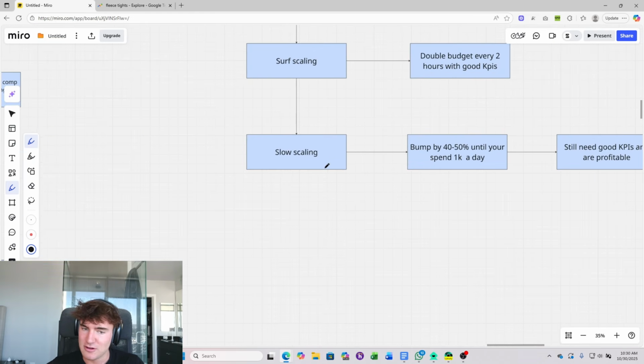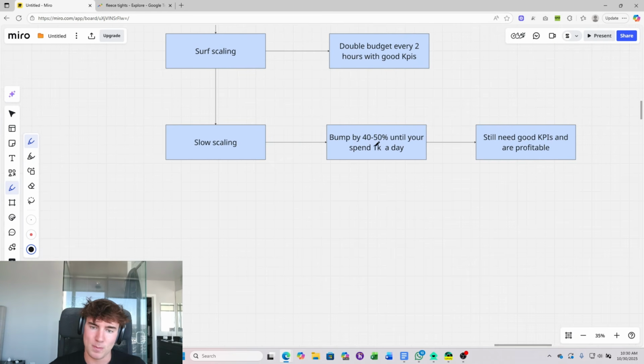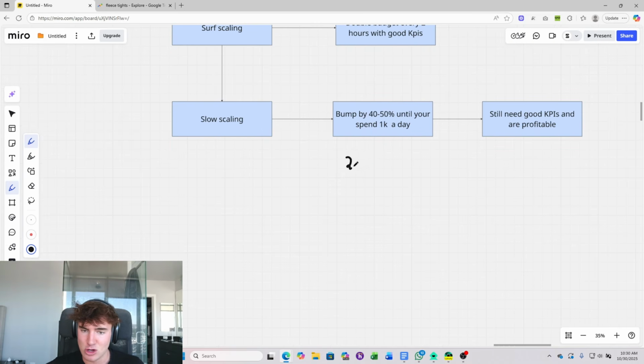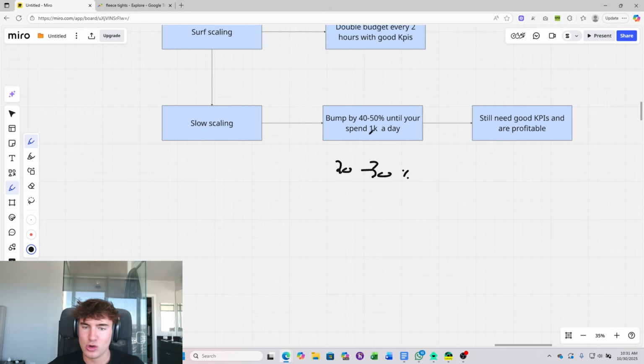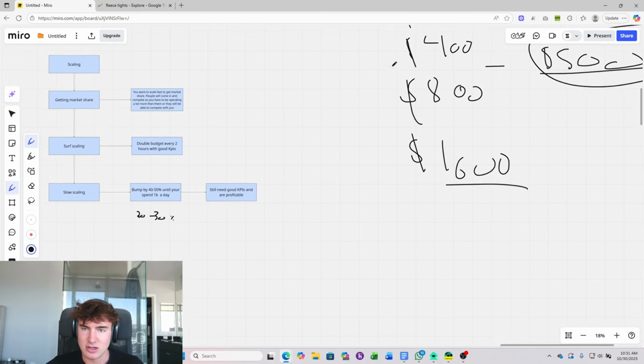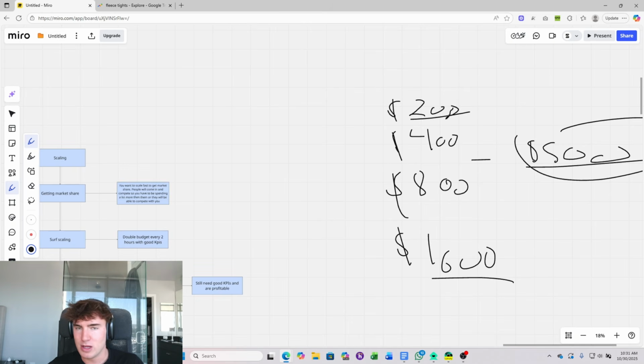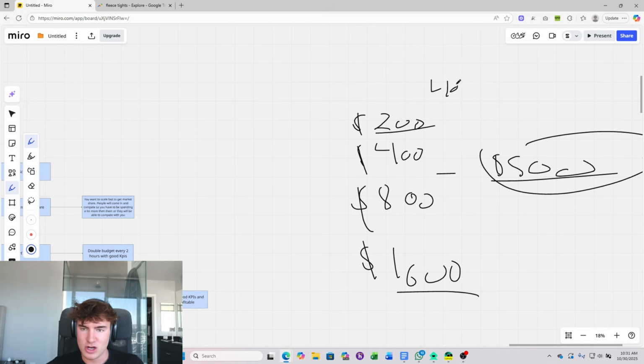Now we'll go into a different type of scaling, which is slower scaling. With slower scaling, you are bumping budget by 40 to 50% until you hit 1K a day in spend. And then after that, you're bumping by like 20 to 30%, because you're spending more money. If you're only spending like $200 a day and you're about to bump by 20%, that's only going to be like a $40 increase.